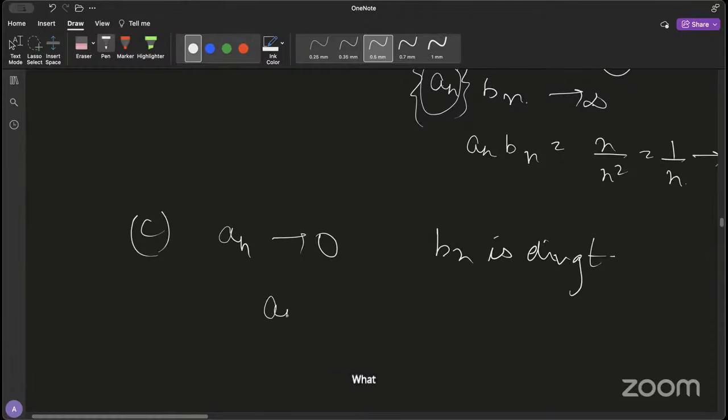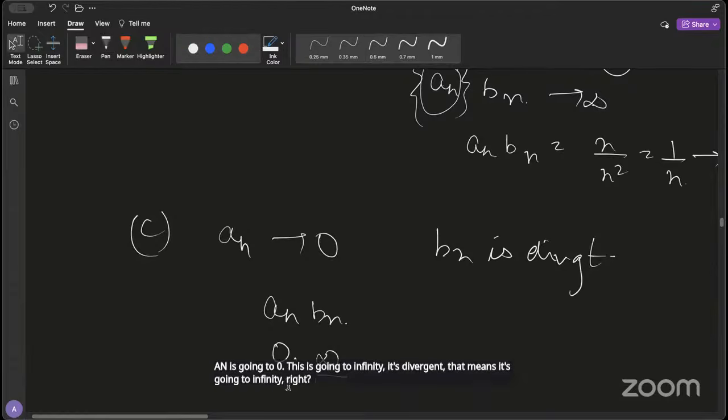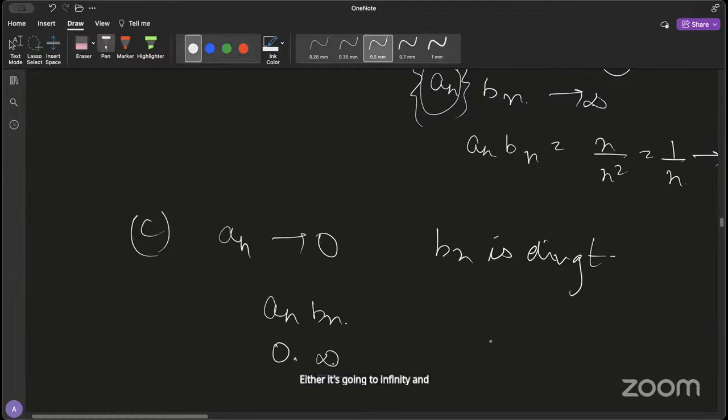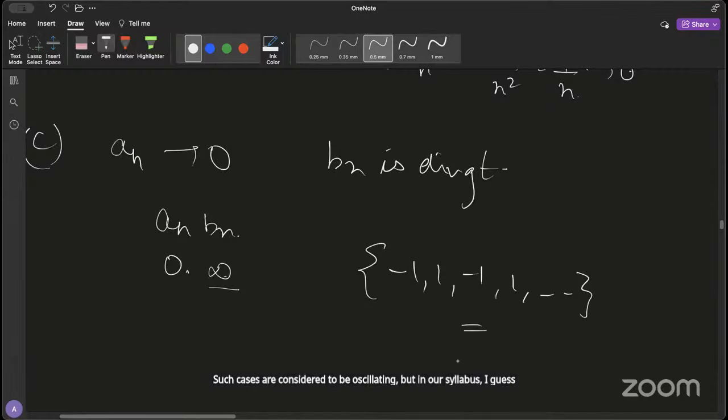Here an is going to 0, and bn is divergent, which means it's going to infinity, right? The other case is generally considered to be an oscillating case, but in our syllabus, I guess we count this under divergent too.